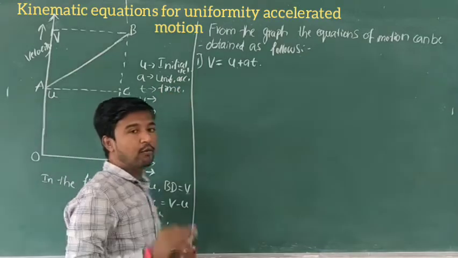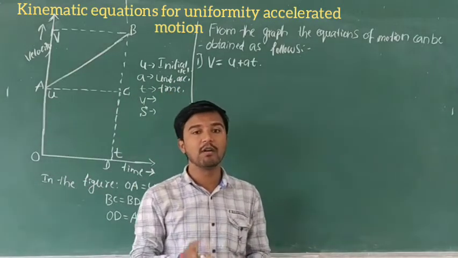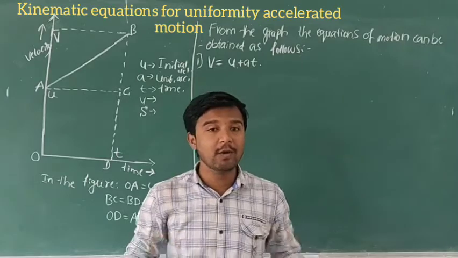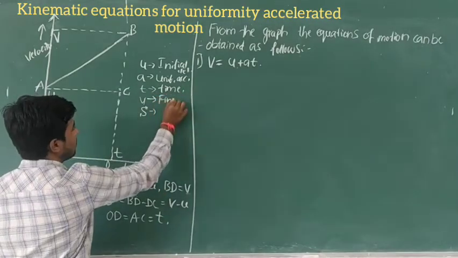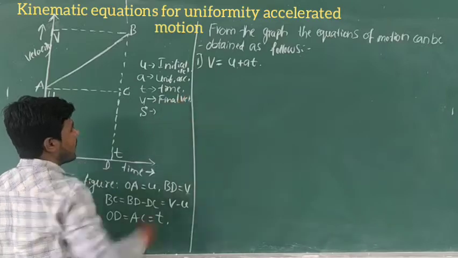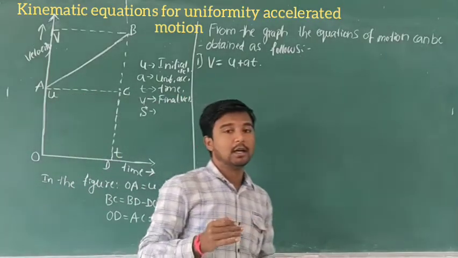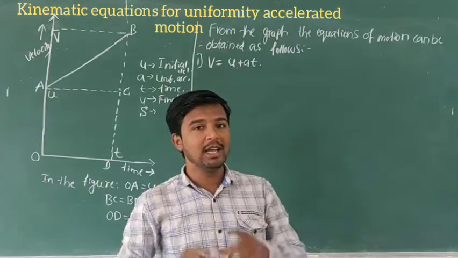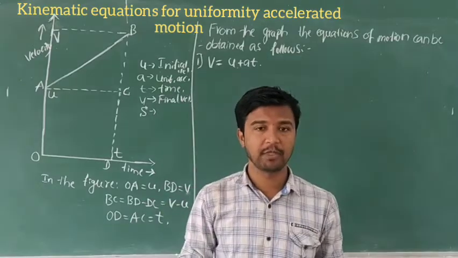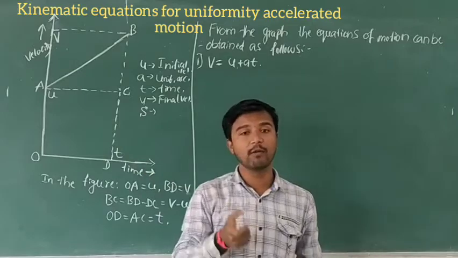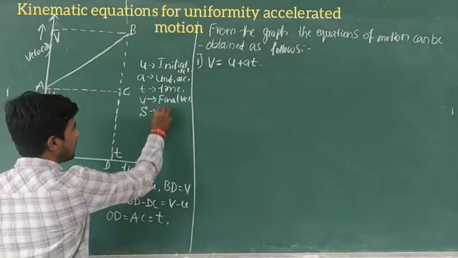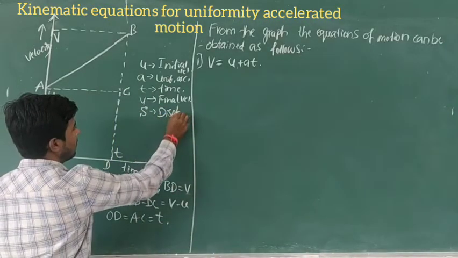Small v is the final velocity of the body, and the body covers a displacement s in the time interval t. The s is the displacement covered by the body.